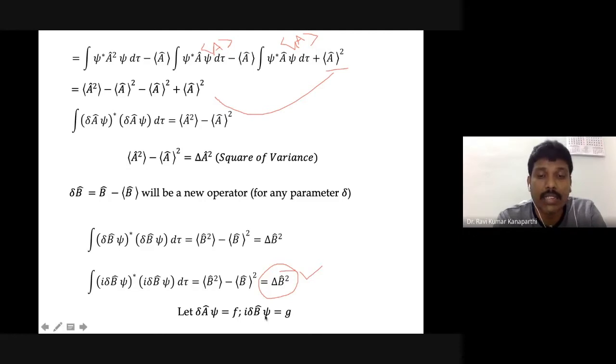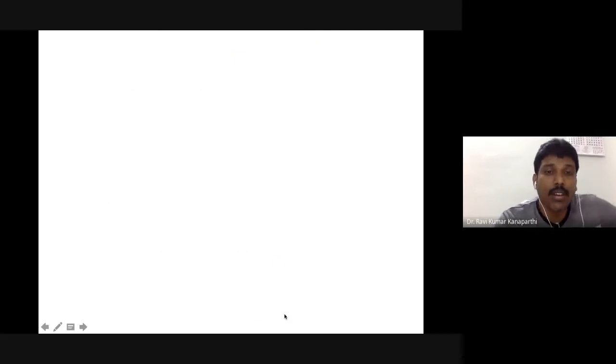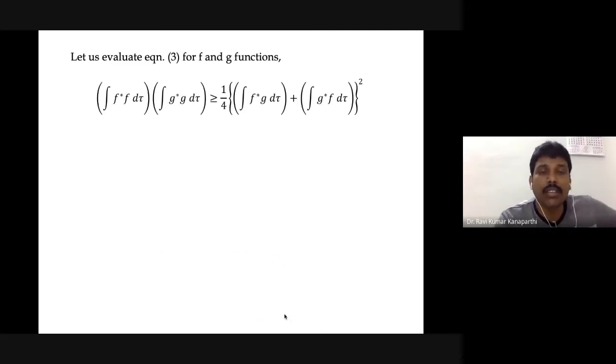Now we have the Schwarz inequality, so let us consider it. The integrals on the left hand side are already proven to be delta A square and delta B square.